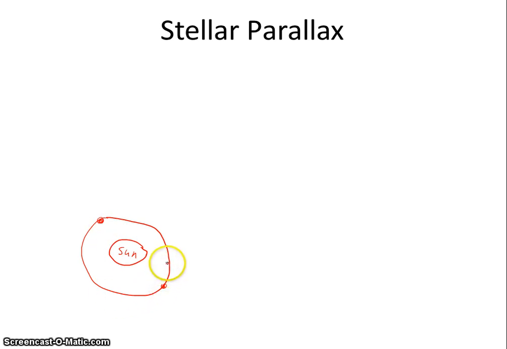This has an interesting consequence. So if I were observing an object, like a star, out here, I would be observing it from this angle when the Earth is in this position, and I would be observing it from this angle 6 months later.